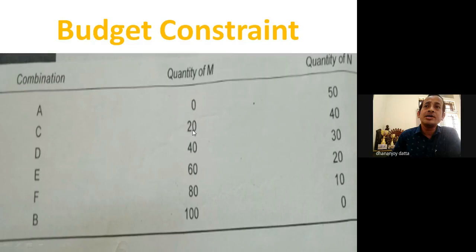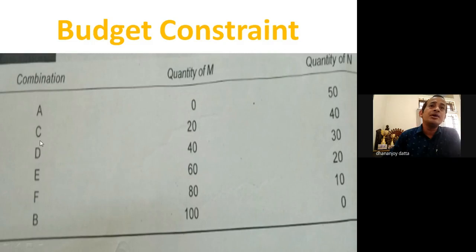So we have 800 more budget. So here the consumer has purchased 40 units of N product at rupees 20 per unit. So 20 into 40, 800. So total budget is 1000. Now I hope your budget line concept is clear. So on this also we can draw a budget line.